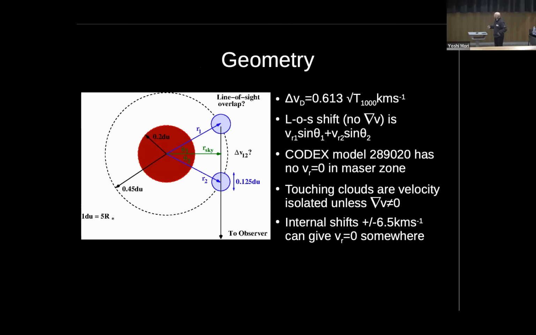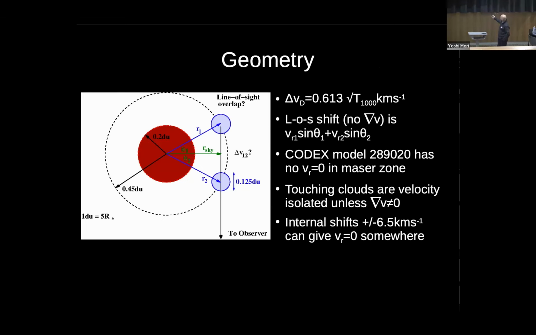Okay, so the geometry of these things looks a bit like this. So you've got your cloud there, the blue things, and the star is the big red thing.